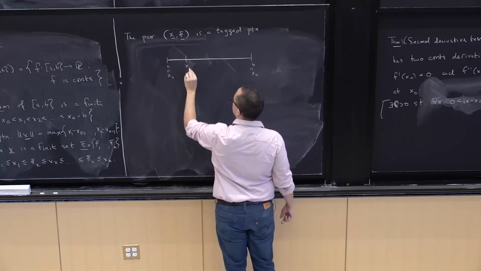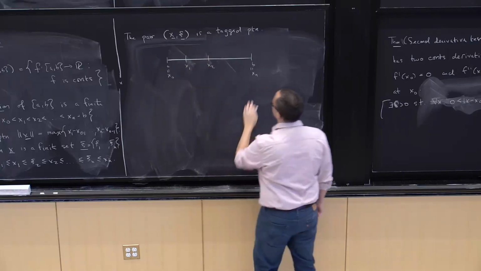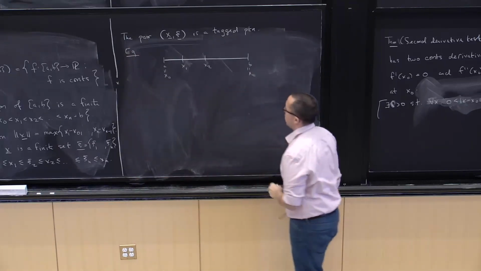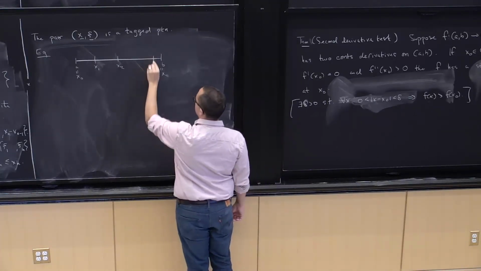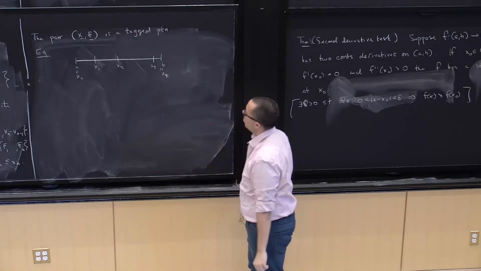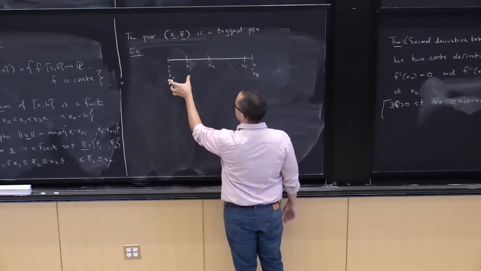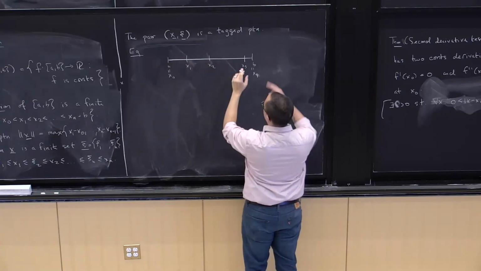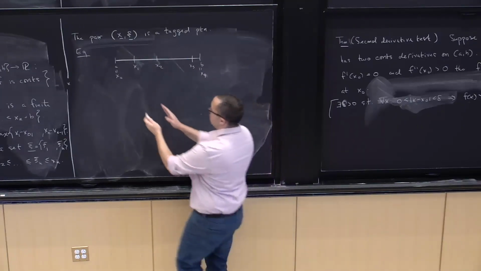So x1, x2, and because I can't draw n points, I'm going to draw 4 points, x3, x4. So there's a partition of [a,b] into, think of these points as being the endpoints of little intervals that I've broken the bigger interval into. And the xc's are just points in each of these little intervals.